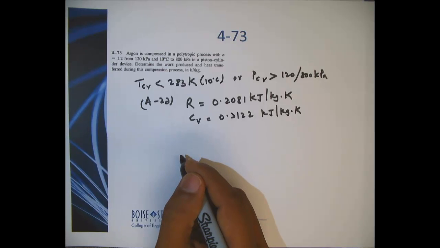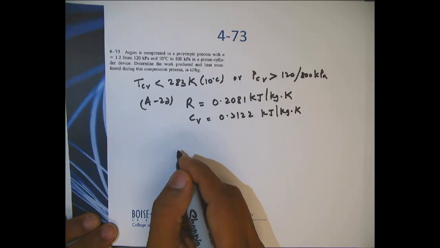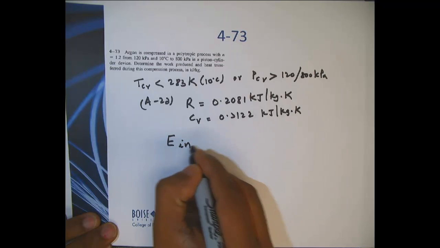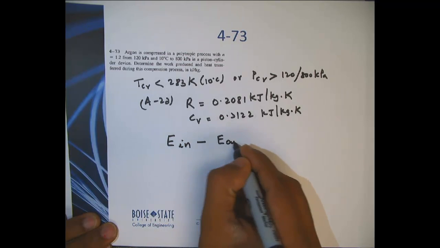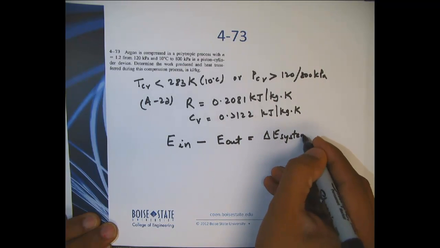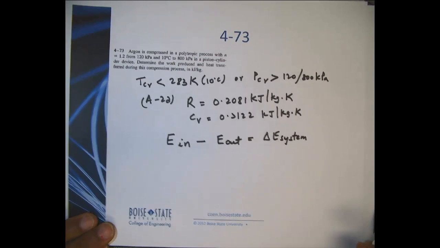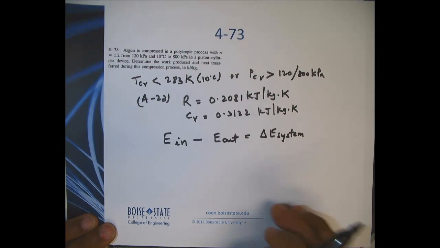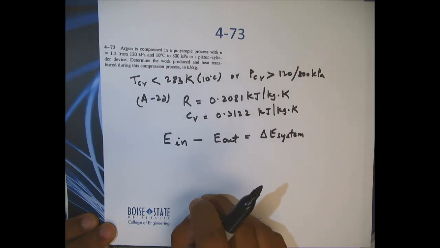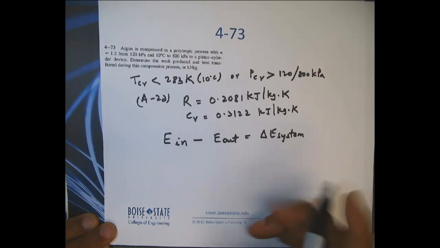Now let's write out what we know for the system. Since it's a closed system with an ideal gas, let's try to write the first law here. E in minus E out is the change in energy of the system based on the internal energy change, or potential or kinetic. We don't have potential or kinetic energy change, so all we have is the change in internal energy, and we know that it's an ideal gas, so that makes our life easier.